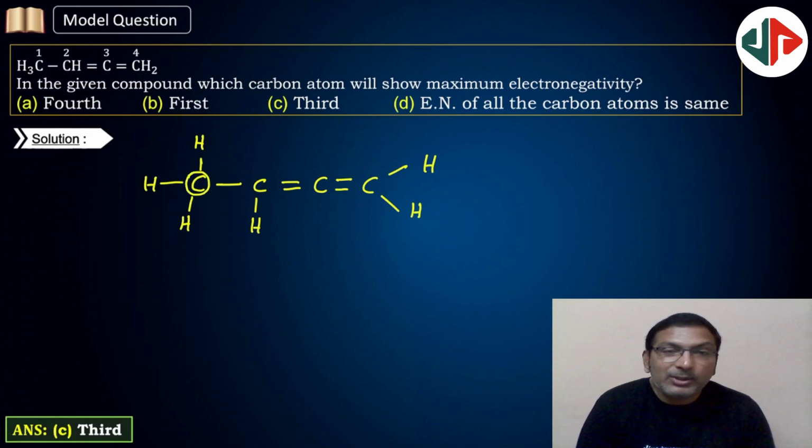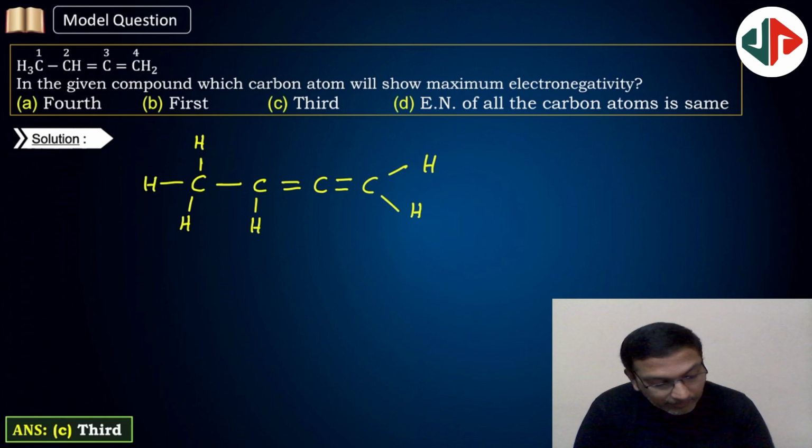The carbon atom is bonded to 4 sigma bonds, 4 single bonds. This carbon will be sp3 due to 4 sigma bonds. All are sigma bonds.